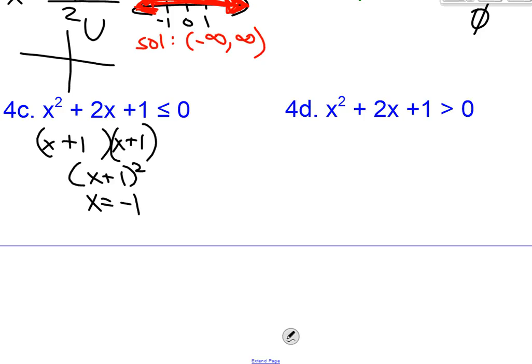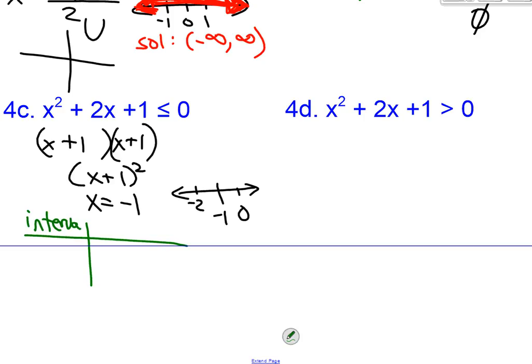And we know from the leading coefficient. But since we do have a 0 here, we can do an interval table. On my number line, I'm going to have -1 there, and maybe I'll put -2 and 0 on there as well. My interval table is going to go from -infinity to -1, and then from -1 to infinity.